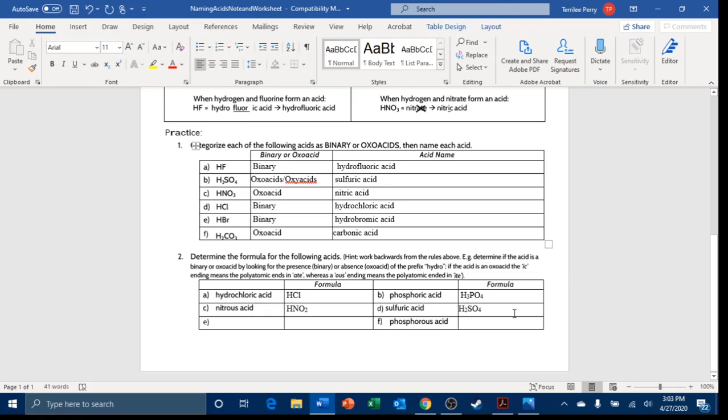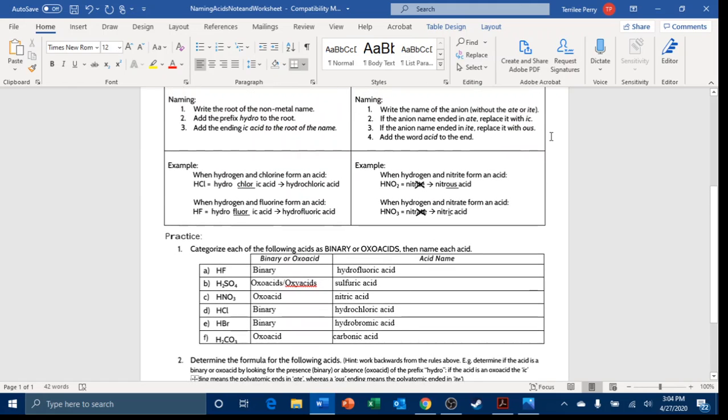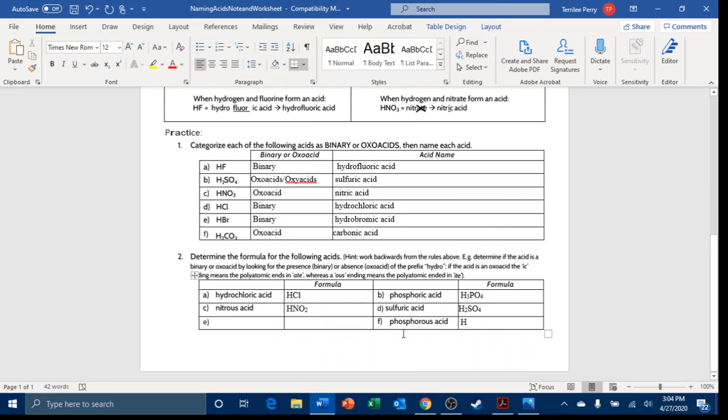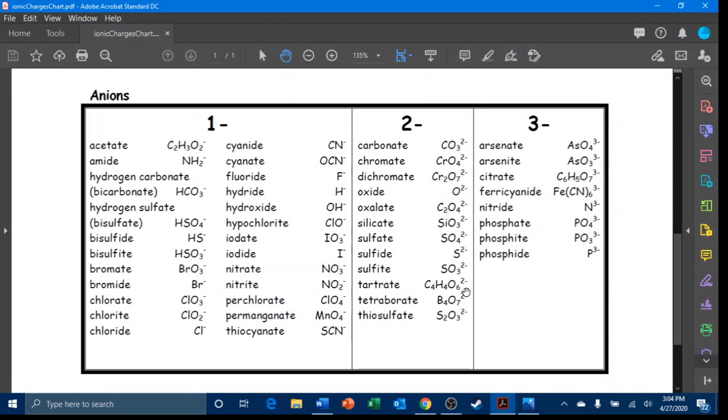Okay, let's try one more. Phosphorus acid. Well, phosphorus sounds like you already have that, but let's look. For ous, you're going back to ite. ous goes back to ite. So we are looking for phosphite. So let's go over to our table, and there it is. Phosphite is PO3 with a -3 charge.